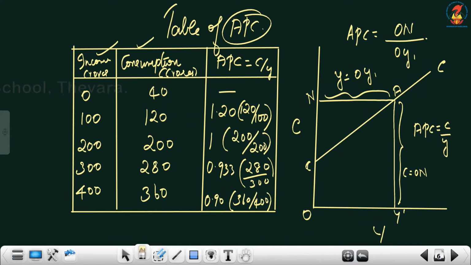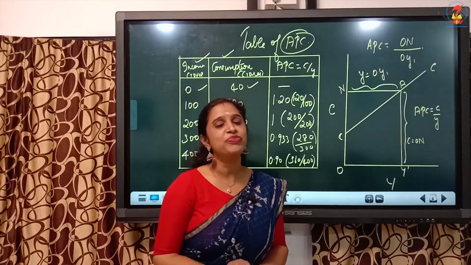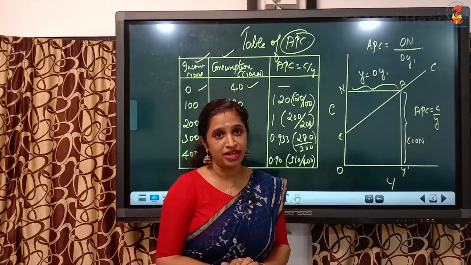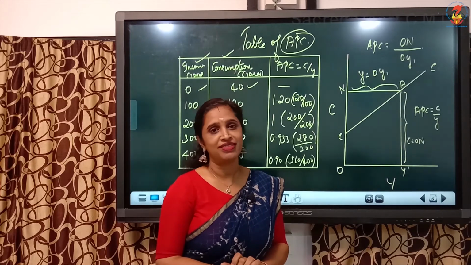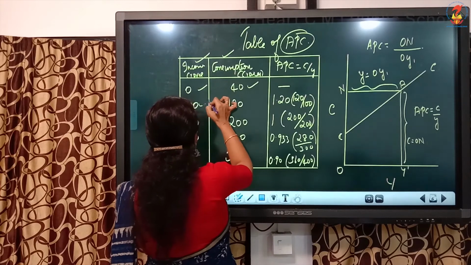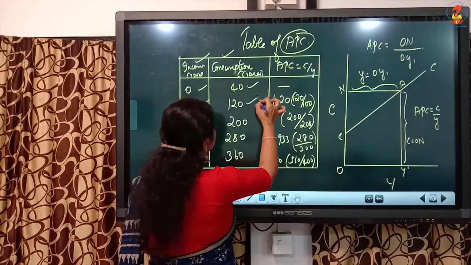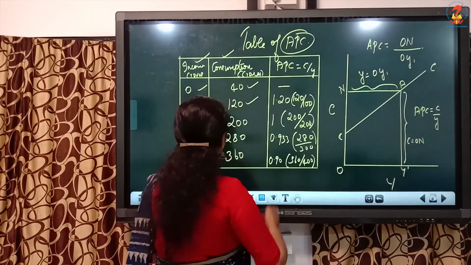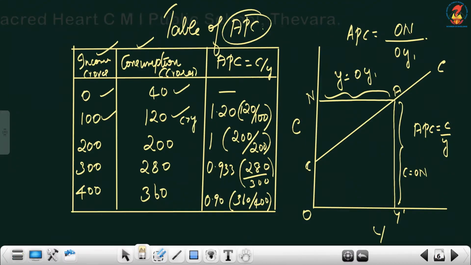Now, at 0 level of income, what is consumption here? 40. What is the reason behind that? You know, even at 0 level of income, there is a minimum level of consumption. That is why I have written as 0 and 40, and that is autonomous consumption. When the income increased to 100, consumption has increased to 120. Here also you can find consumption is greater than income.